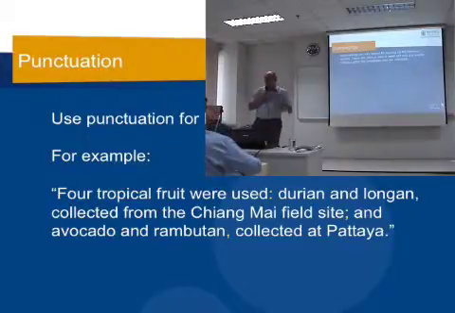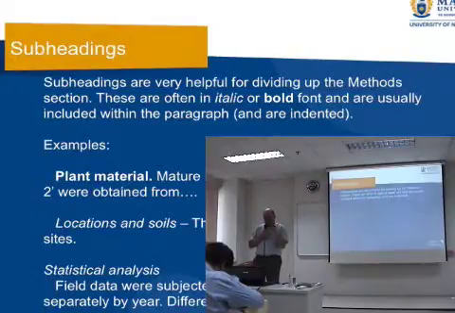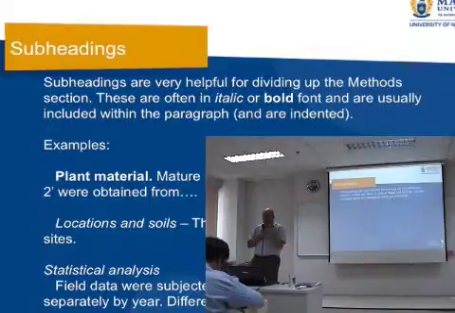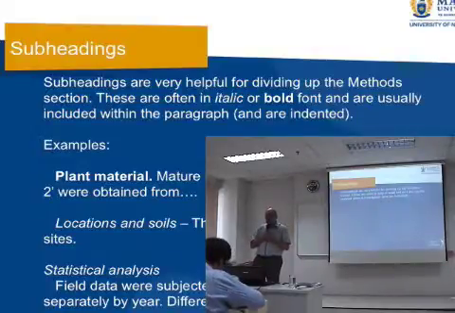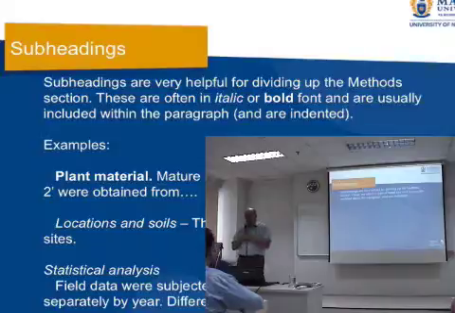Subheadings are very useful for not only dividing up the materials and methods section, but the results section, and as we'll see in some examples tomorrow, the discussion section as well. And often they'll be the same subheadings repeated in each of those sections, so that you're signalling to the reader where to find that same information as they flow through the manuscript.